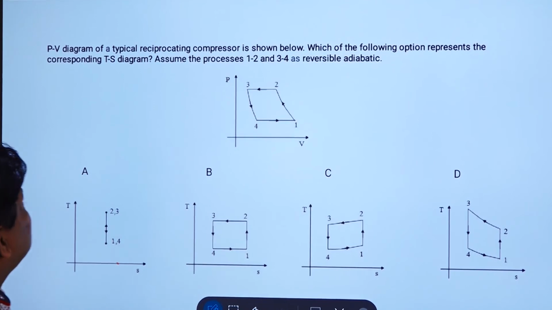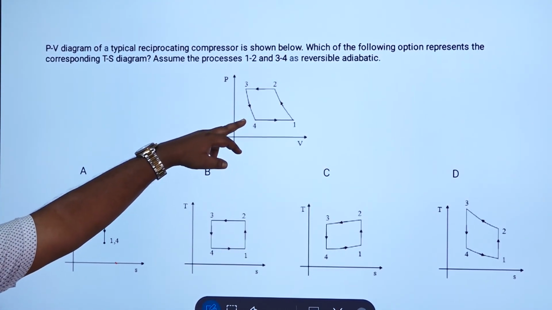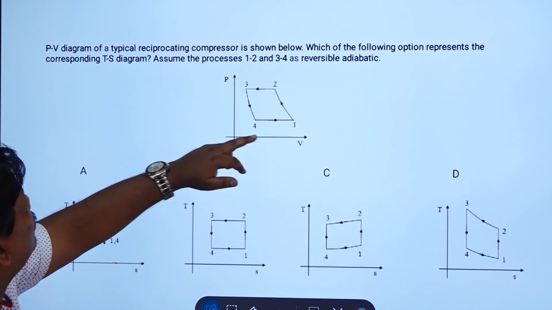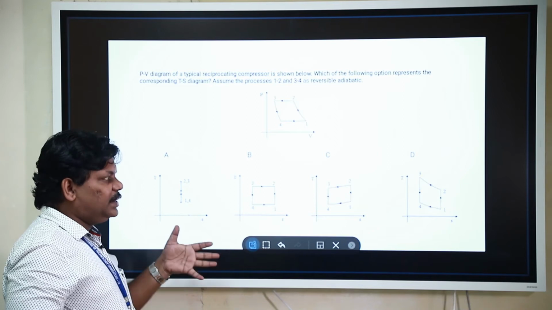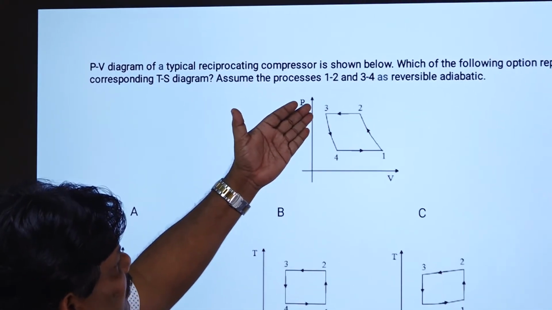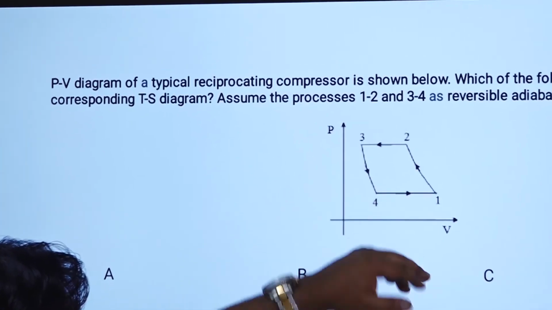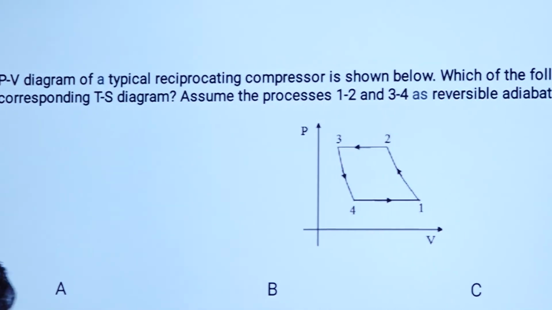Now you can see a problem. The PV diagram of a typical reciprocating air compressor is given to you. Which of the following options represents the corresponding TS diagram? So you may get questions like this. Assume the processes 1 to 2 and 3 to 4 as reversible adiabatic.